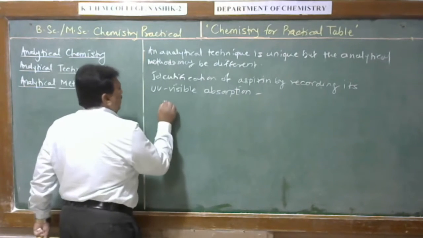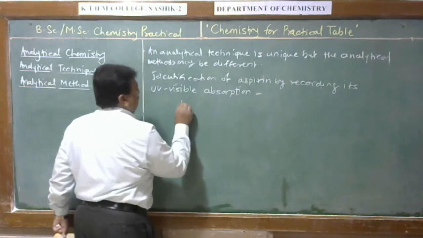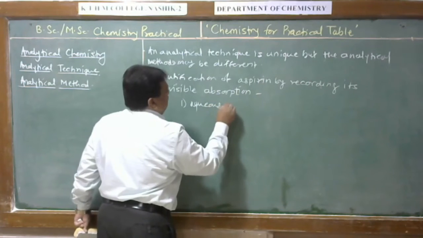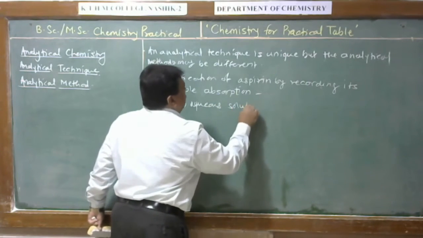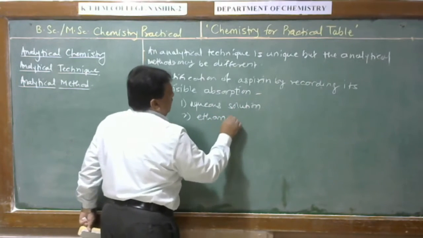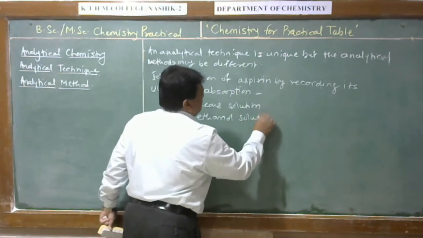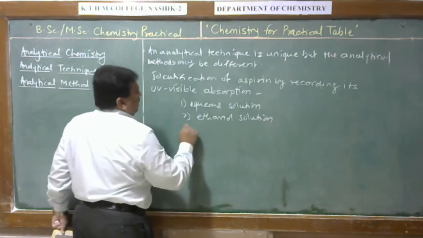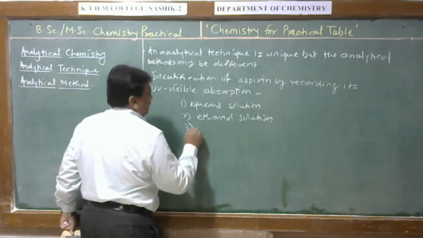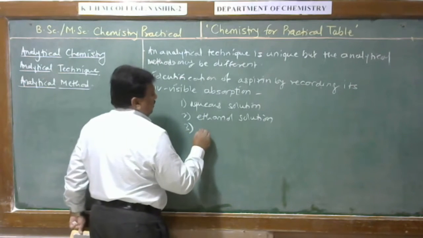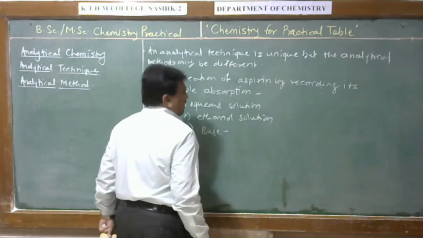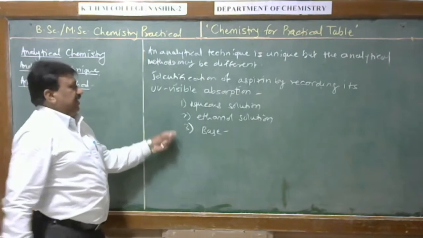And if we measure the absorption spectrum in aqueous solution, then this will be the one method. If we use a non-aqueous solution or an ethanol solution, then it is a second method. Or if we use its another product, that is its dissociation with sodium hydroxide, then by using NaOH or by using base, it is another technique of identification.